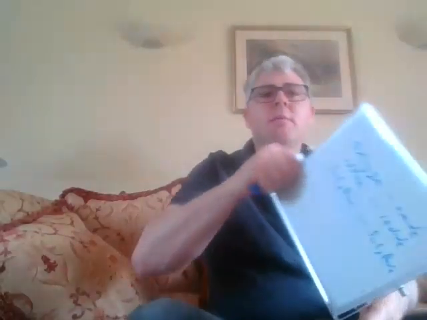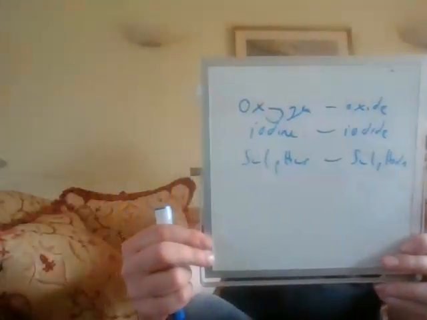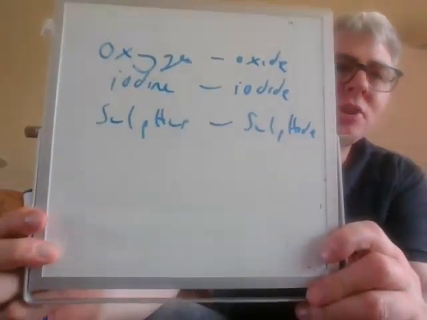I've got the transformation here of oxygen going to oxide, iodine going to iodide, and sulfur going to sulfide. So it's sulfur goes to sulfide. So I just wanted to show you that.